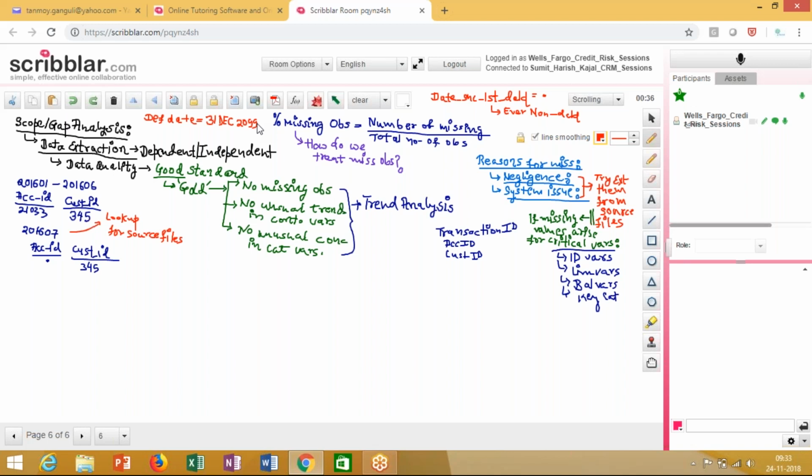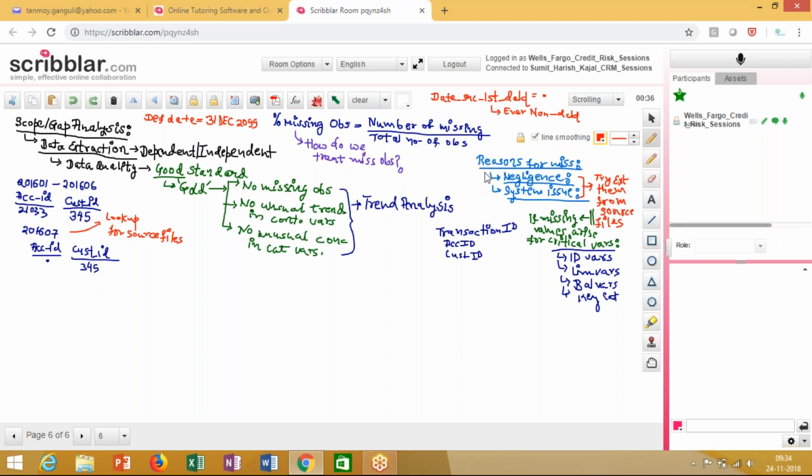Now the second case, with the date since last delinquency that I talked about, is that the missing observations have happened because of the way the variable is defined. So that arises because of variable definition.